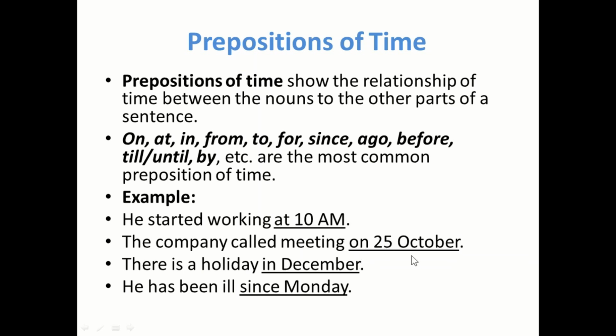So on 25th October. Then we have in, that is a huge area. Here, because in December, what time, what day is not mentioned, that's why we are using in here. So this is the little difference.